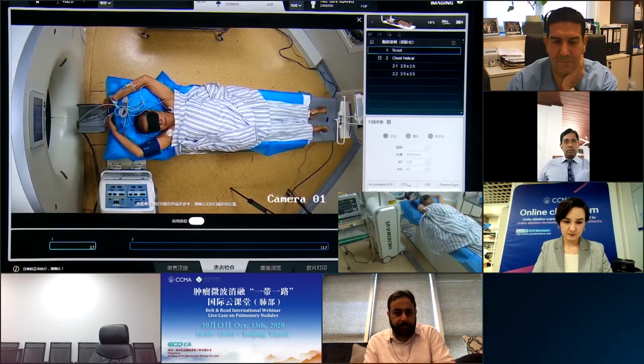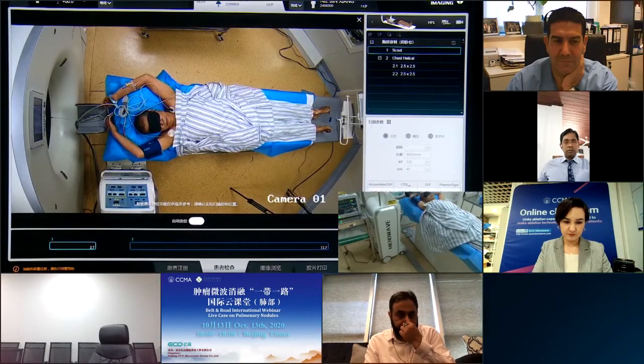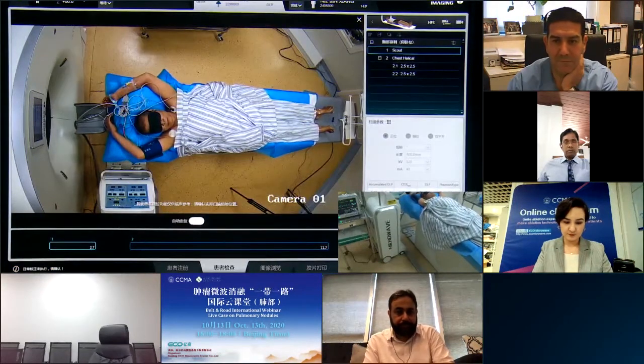So this is the initial CT scan of the patient.